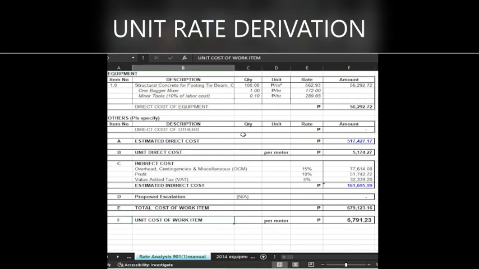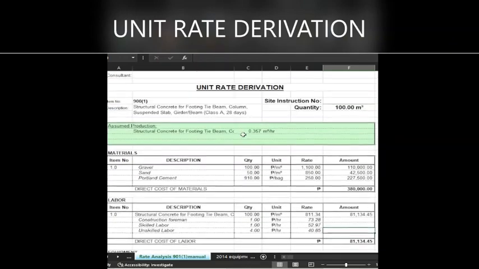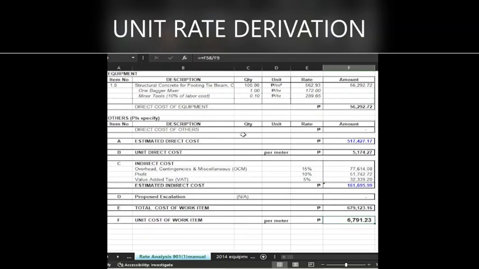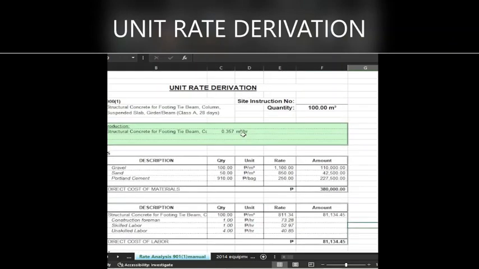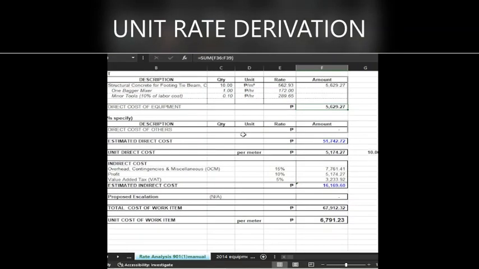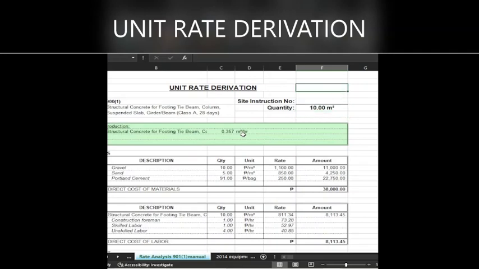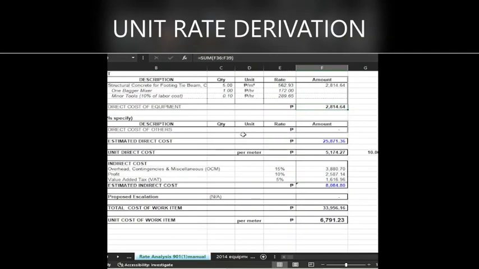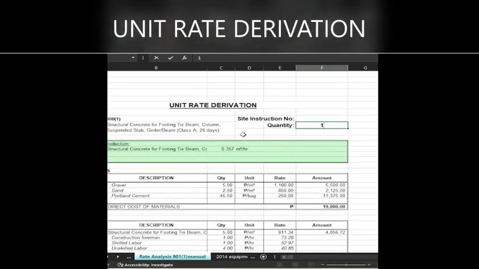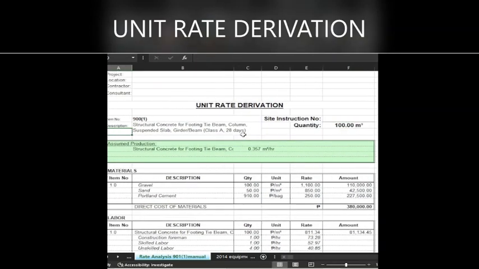This is the unit price of every cubic meter of concrete. So even if we change this one to 10 cubic meter, it will be the same. Even if we put 5 cubic meter, it is still the same. So I just put 100, guys.